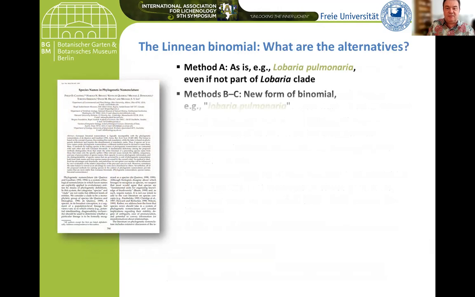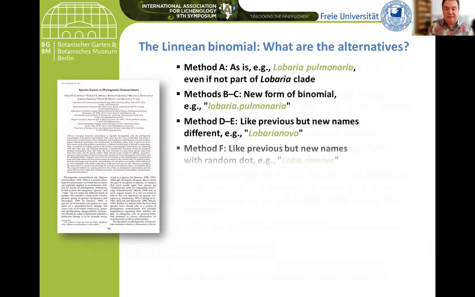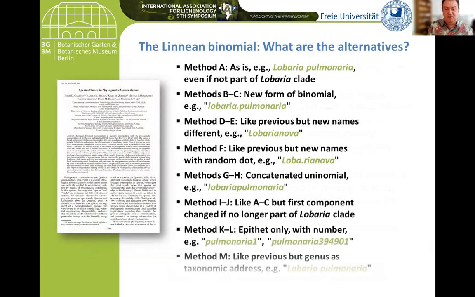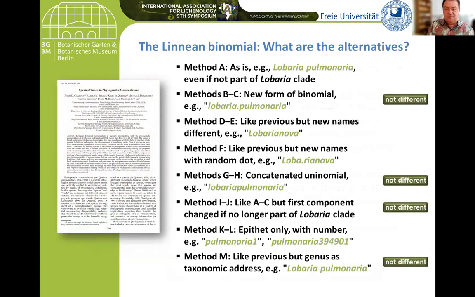What are the alternatives to the Linnaean binomial? There have been some papers, and this is a very nice one from 1999 that summarizes some efforts and brings up some new ones, with quite a lot of different alternatives. But if you look at these closely, 4 of these groups are not really different from the Linnaean binomial. They work exactly the same, they just have a different format.